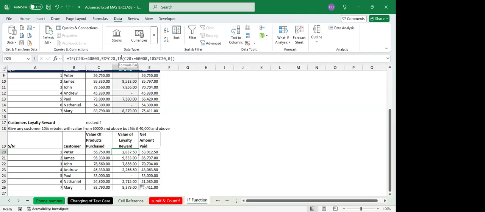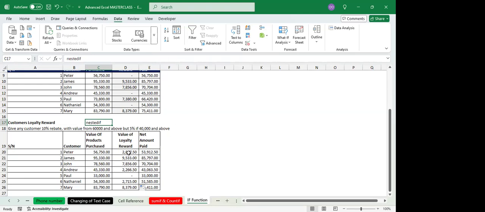That is, a nested function is a scenario where you are using 2 functions in one command, in one statement. Now, if the 2 functions are the same thing, in this case where they are both if and if, I will call it nested if. You understand? It's a nested if because they are both the same thing.